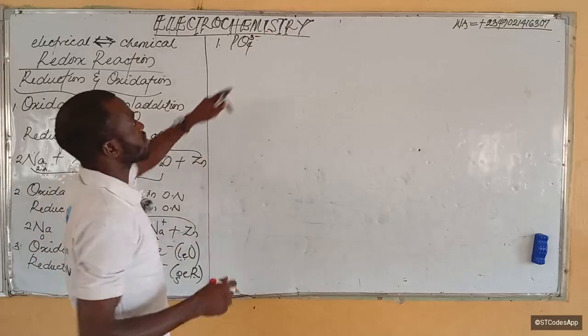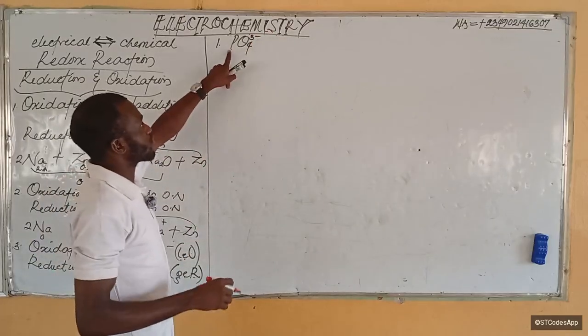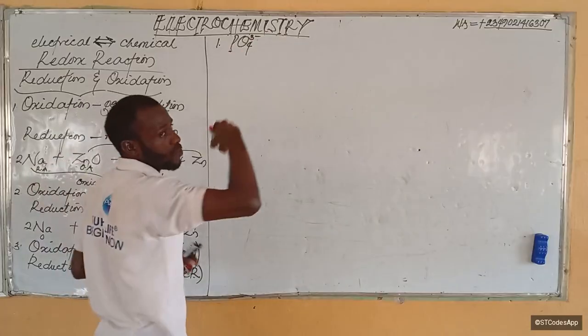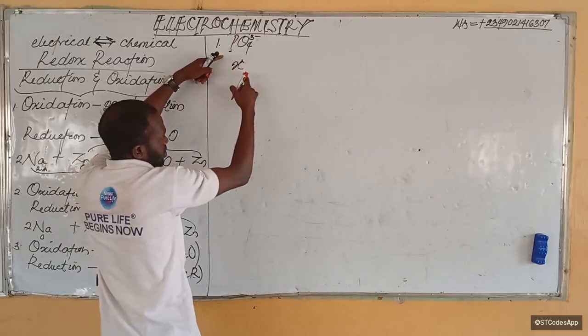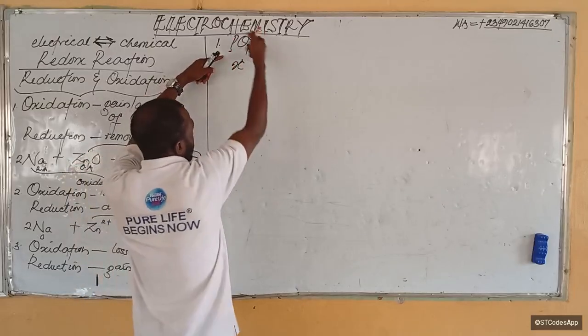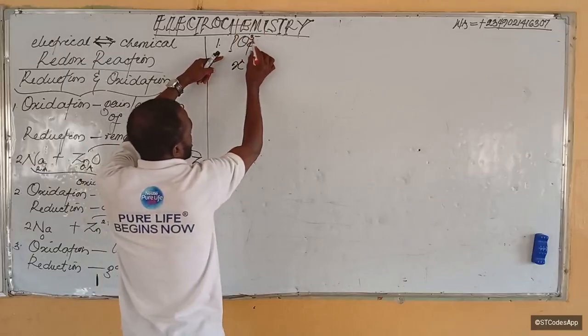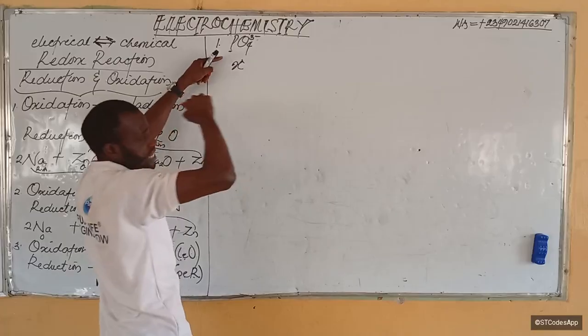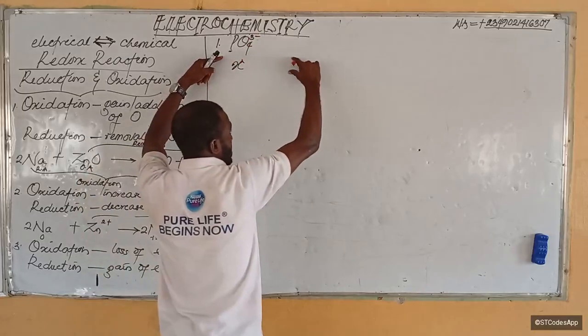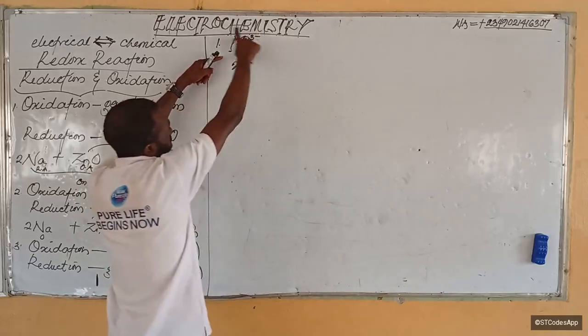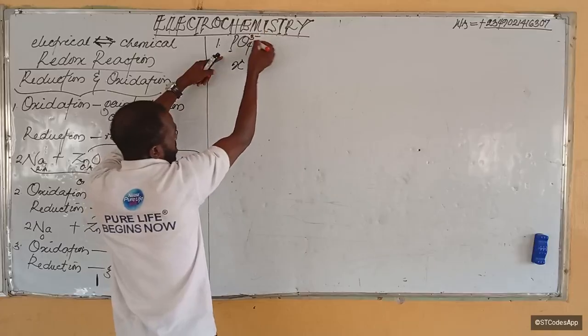If I ask you to find the oxidation number of phosphorus in this, how do you find it? It's very simple. We don't know the oxidation number of phosphorus, but we know that the total oxidation number is what gave rise to this charge you are seeing here. If there is no charge, the sum of all oxidation numbers will be 0. But here, the sum of all oxidation numbers will give rise to this charge.